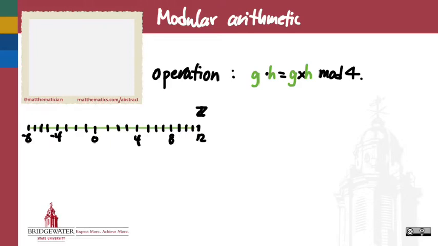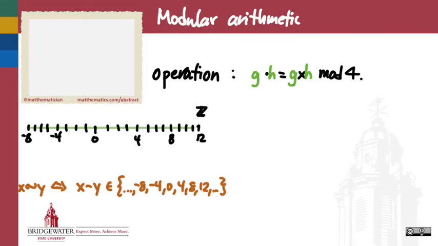If I take the equivalence relation that says that two integers are equivalent exactly when their difference is a multiple of 4, I'm going to write that in a different way here. I'm going to write that the difference belongs to the set of multiples of 4: 4, 8, 12, etc.